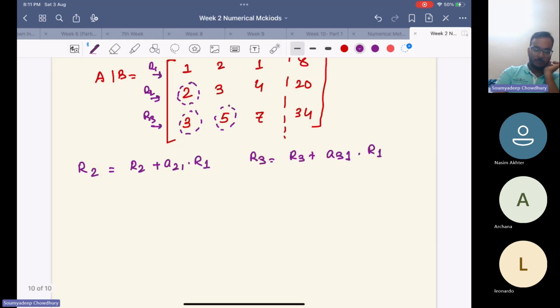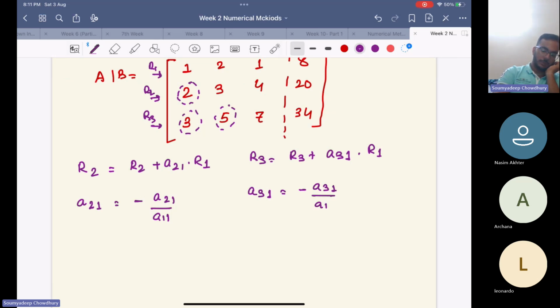A21 and A31 are the coefficients. A21 is basically minus A21 by A11, and A31 is basically minus A31 by A11.